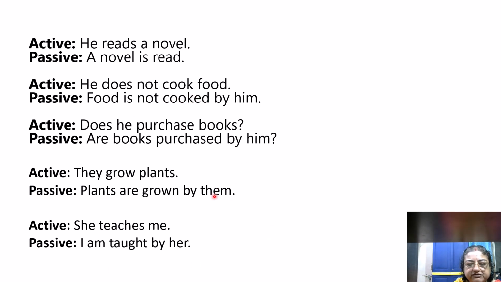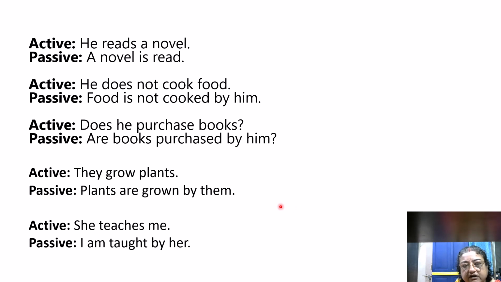So in this way you have to change. In my next video I will also post on this active passive voice with different types of tenses, showing how they are used when you change from active to passive, according to tense: continuous tense, perfect tense.